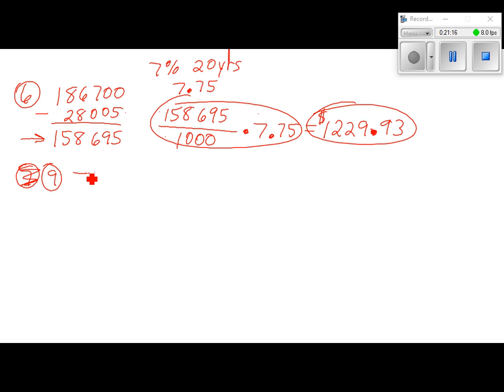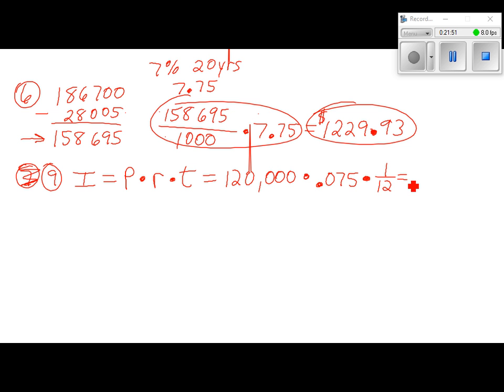So the first thing we've got to do is figure out how much of the monthly payment went to interest, and the formula for interest is that I equals principal times rate times time. The principal is the amount of the loan, which is $120,000, times the rate, which they told us was 7.5%, so we bump that over 2 places, 0.075, times, we only want 1 month, so it's 1 divided by 12.